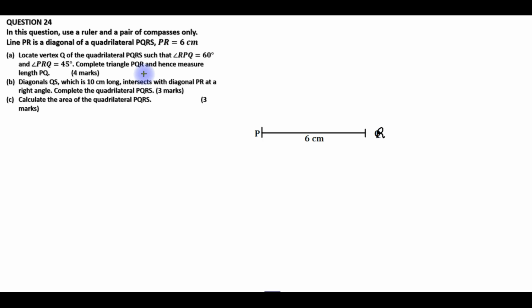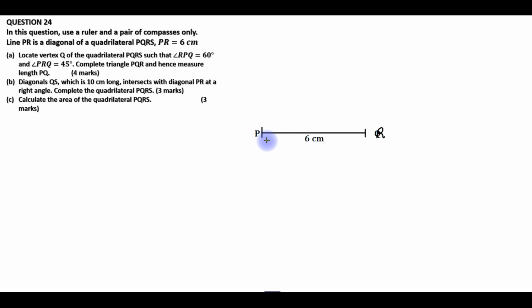Then we complete triangle PQR and measure PQ. Then part B: diagonal QS, which is 10 centimeters, intersects diagonal PR at right angle. Complete the quadrilateral PQRS. Then calculate the area of the quadrilateral PQRS.